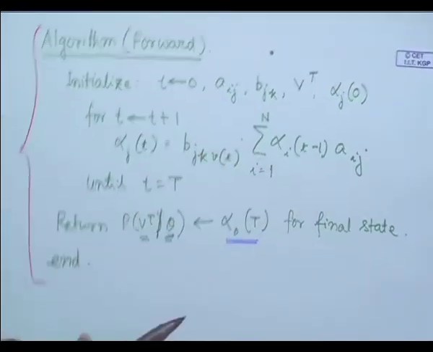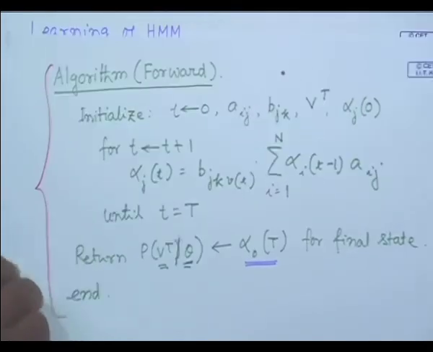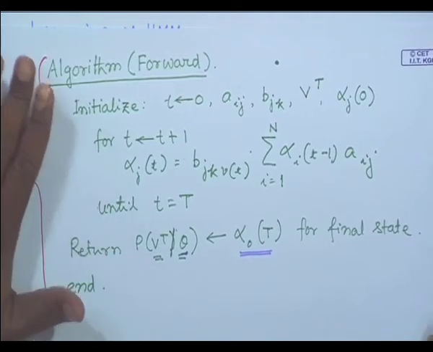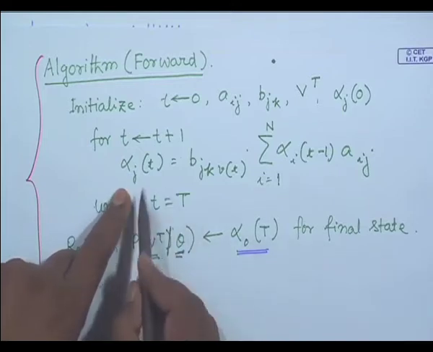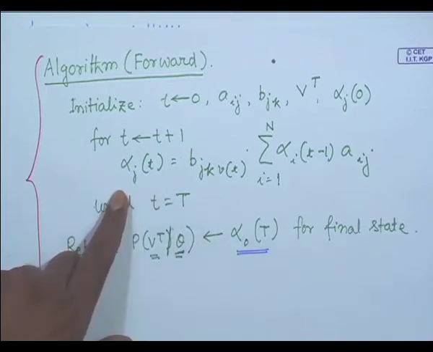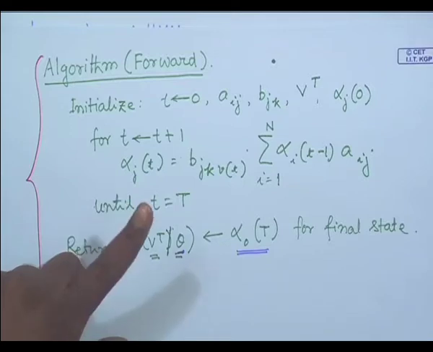Now, you remember that when I talked about the forward algorithm, at that time we said that for training or learning of the hidden Markov model, we use a similar algorithm which is the backward algorithm. In the forward algorithm, alpha j t tells you the probability that the model will be in state omega j at time step t after generating the first t visible symbols in the given sequence V t.